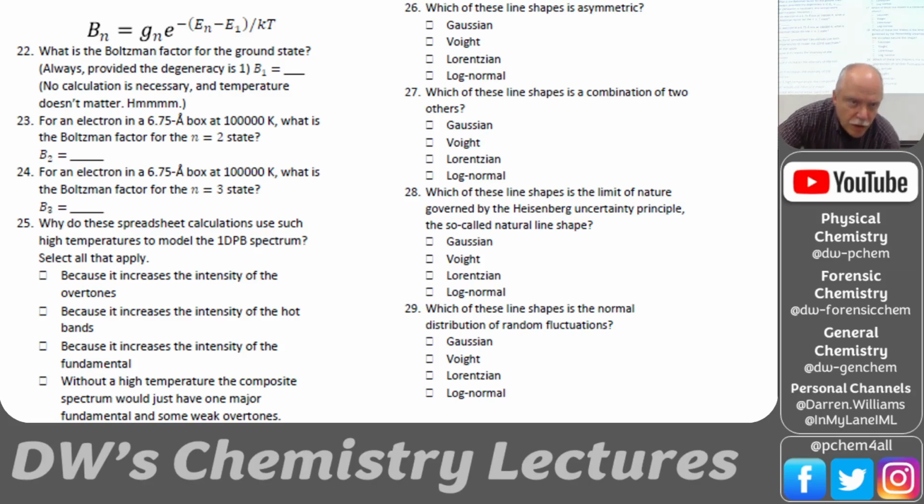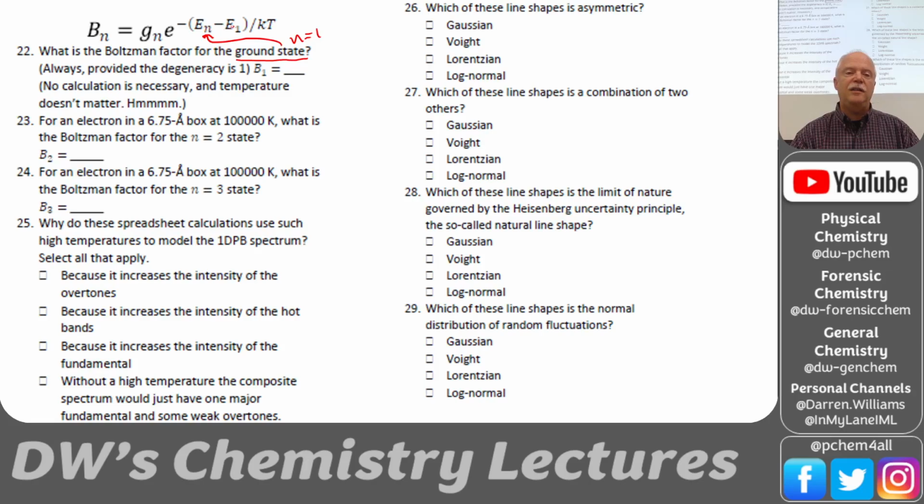Okay. So, yeah, if we're looking at this, did you get 21? So it's asking, what's the Boltzmann factor for the ground state? You can just look at this and see that if it's in the ground state, then n equals 1. This is calculating it for this state, and it's comparing it to the ground state.